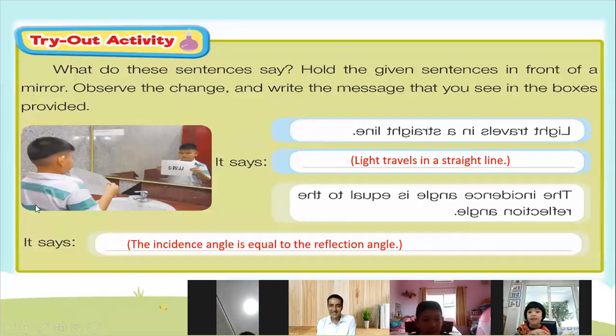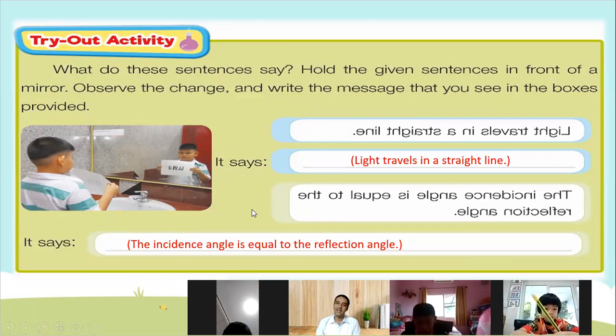This is what we see here. Okay, the incidence angle is equal to the reflection angle. This is what we conclude from here. Okay. Light travels in a straight line and the incidence angle is equal to the reflection angle.